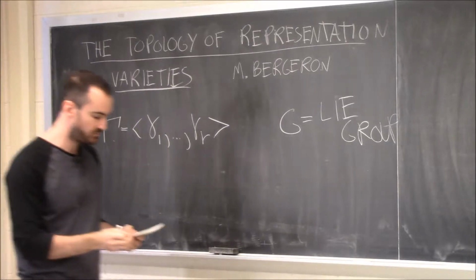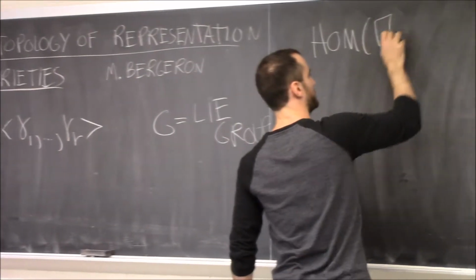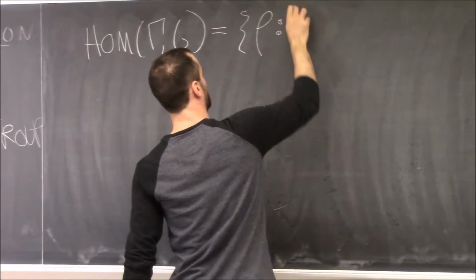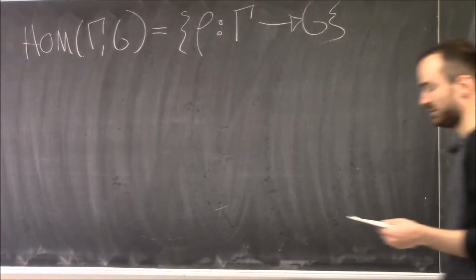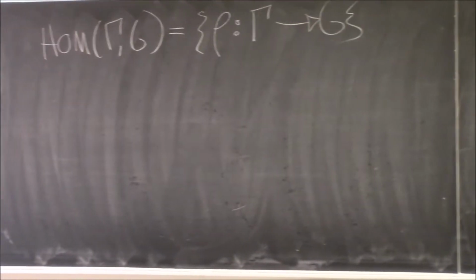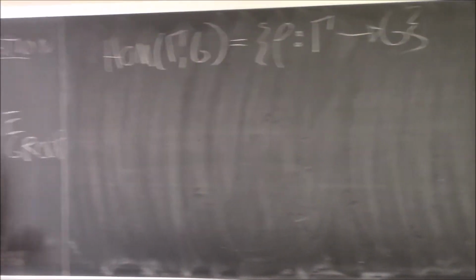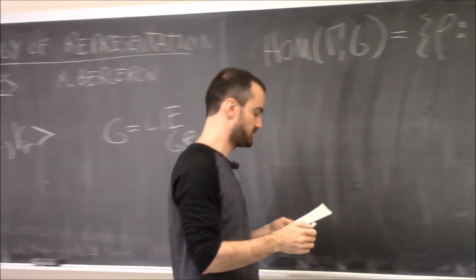And then if I want to tell you about a topology on this space of homomorphisms from gamma to G that I will be studying, these are just homomorphisms that I'm going to usually call rho, from gamma into G. There are fancier ways, but the most down-to-earth way to think about these is to use the generating set and the evaluation map to endow this space with a topology. What do I mean by that?